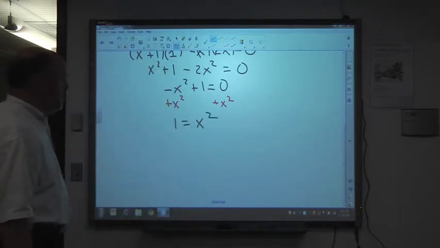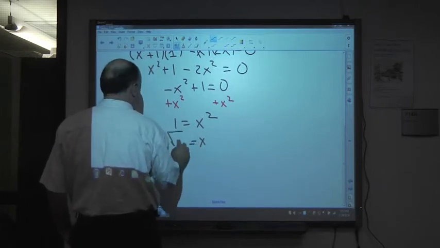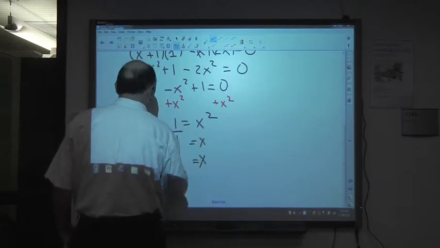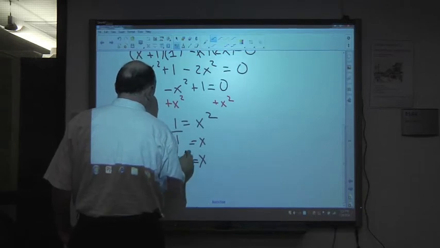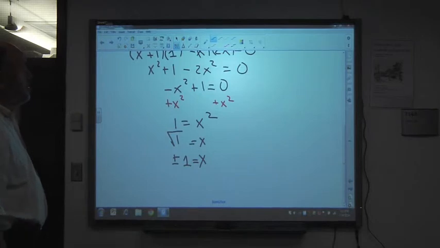And the opposite of squaring is to find the square root. So x will equal the square root of 1. Which means x will be plus or minus 1. Because again, square root, there are 2 answers. So again, if you have one where you have a fraction and using quotient rule, like this, it can only be 0 if the top is 0.